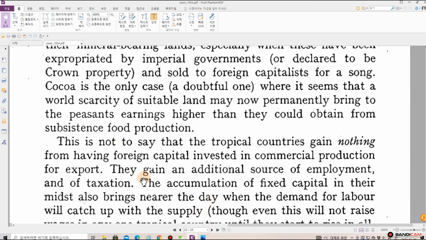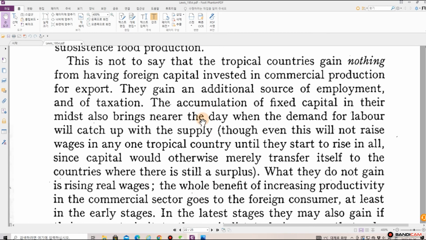Cocoa is the only case, a doubtful one, where it seems that a world scarcity of suitable land may now permanently bring to the peasants earnings higher than they could obtain from subsistence food production.